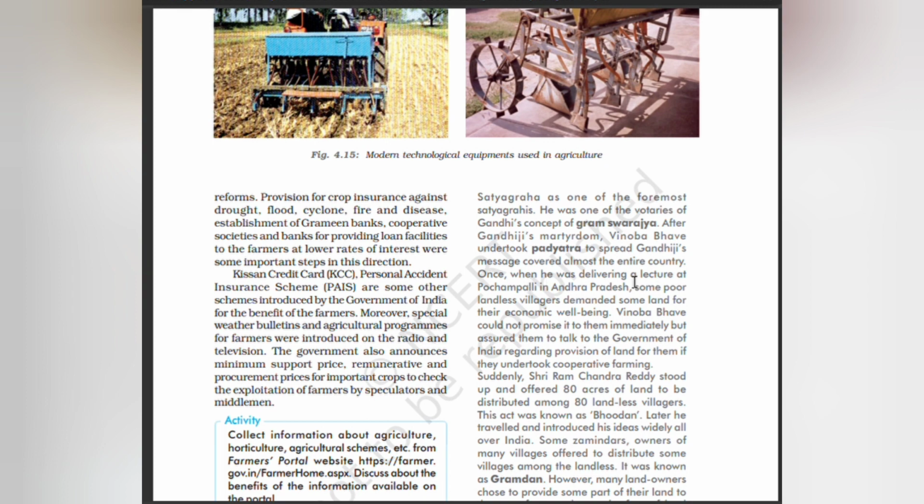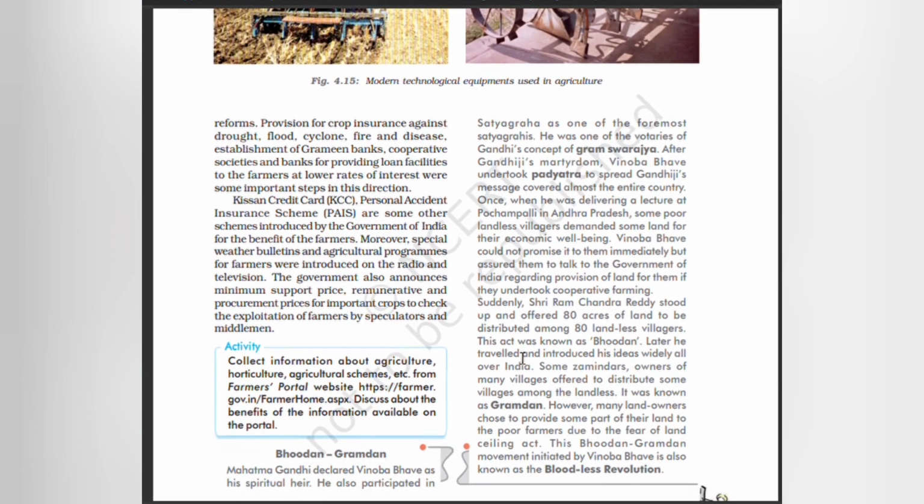Once, when he was delivering a lecture at Pochampally in Andhra Pradesh, some poor landless villagers demanded some land for their economic well-being. Vinoba Bhave could not promise it to them immediately but assured them to talk to the Government of India regarding provisions of land for them if they undertook cooperative farming.